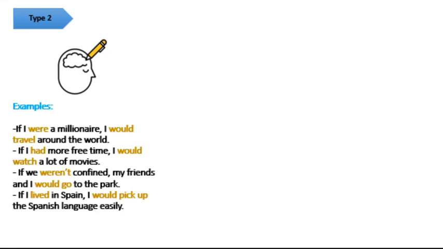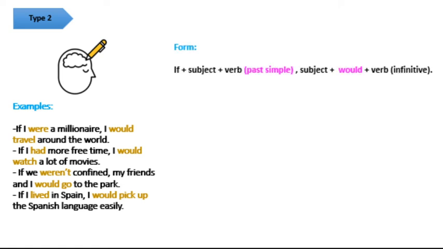So take a look at the examples again. Let's check the form. So were, would travel, had, would watch, weren't or were, would go, lived, would pick up. So in the if clause we have if plus subject plus verb in the past simple.